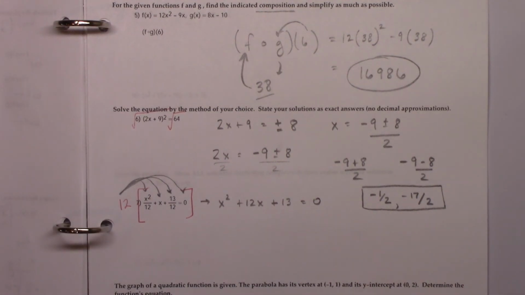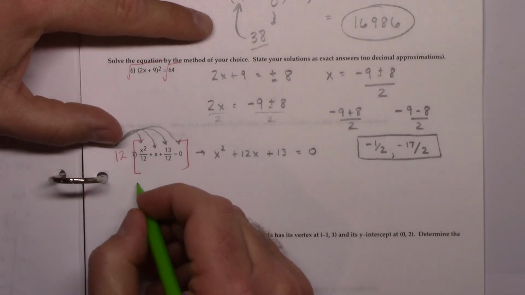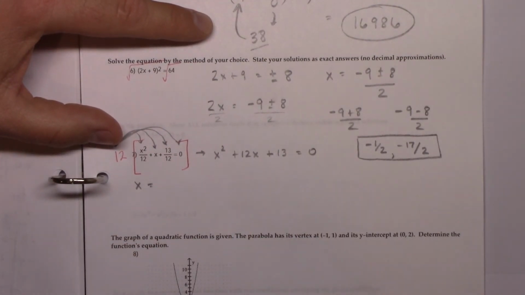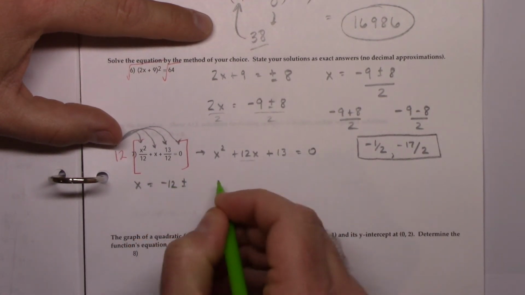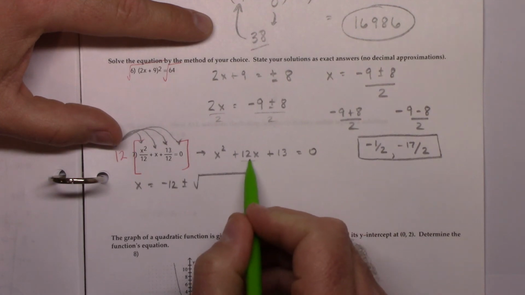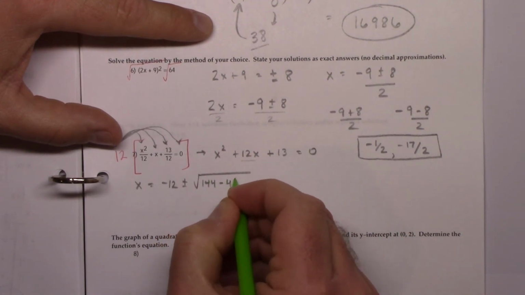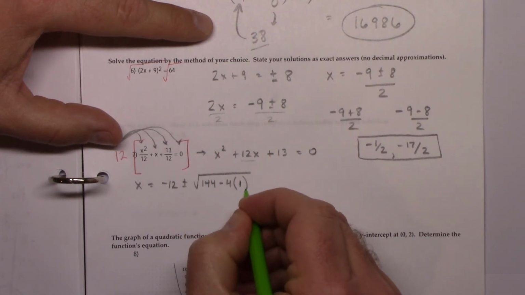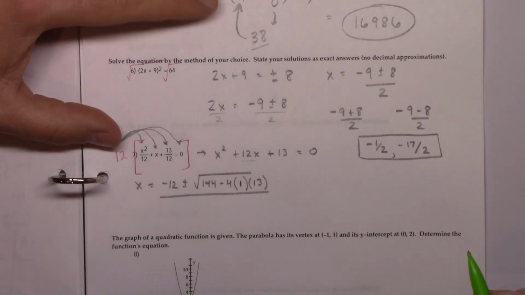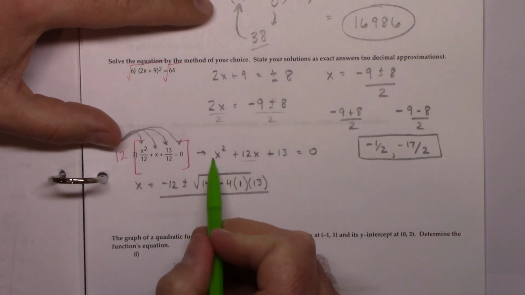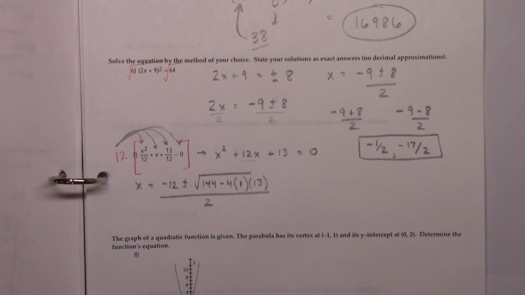Now I'm going to solve this quadratic equation by using the quadratic formula. I'll remind you that quadratic formula, x equals negative b, so negative 12, plus or minus the square root of b squared, so 12 squared is 144, minus 4 times a, which is 1, times c, which is 13. In the denominator, you double the a value, so 2 times 1 is 2, and now we're ready to simplify.